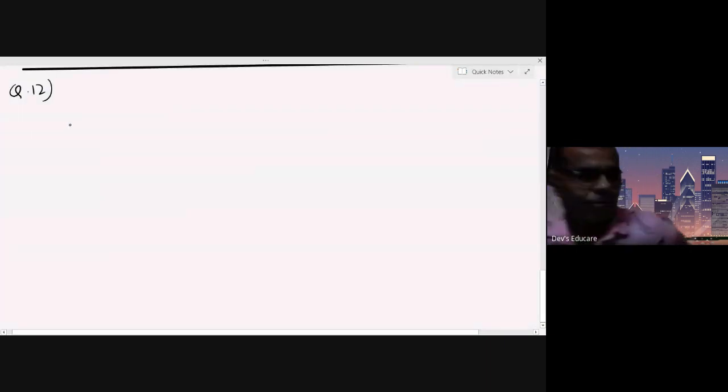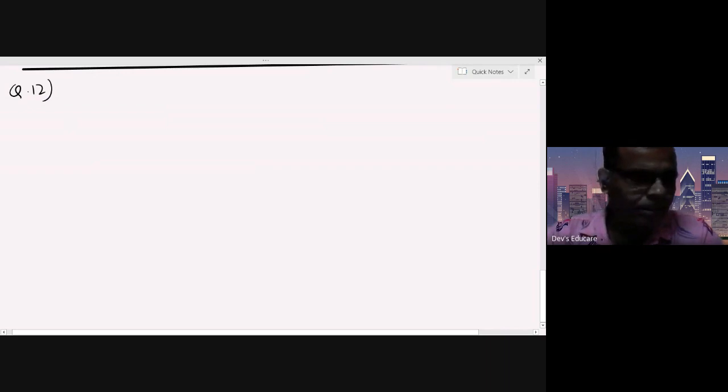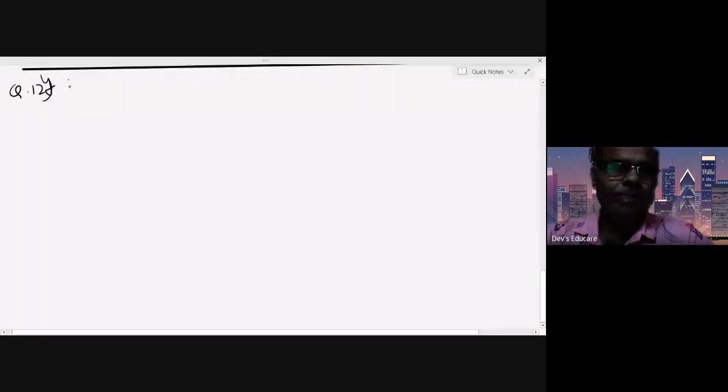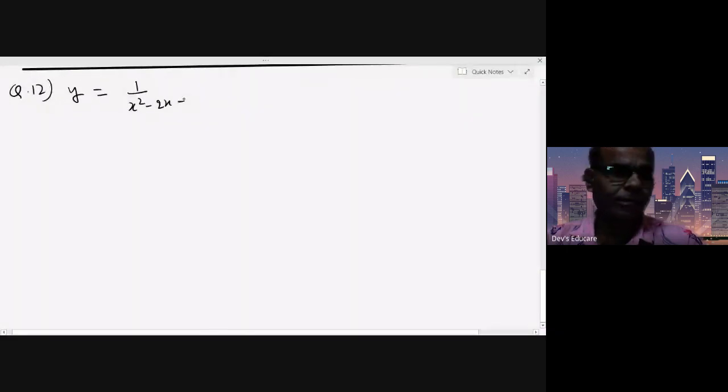Find the equations of all lines having slope 0 which are tangent to the curve y equals 1 upon x square minus 2x plus 3.